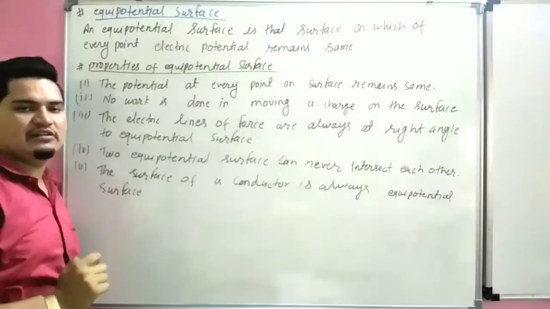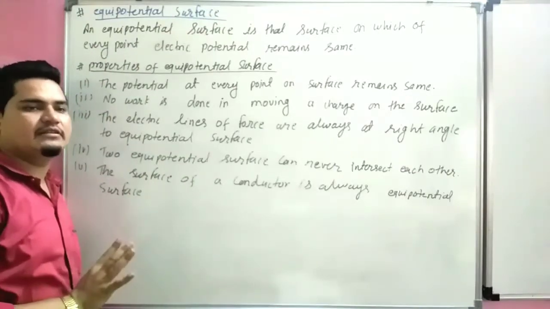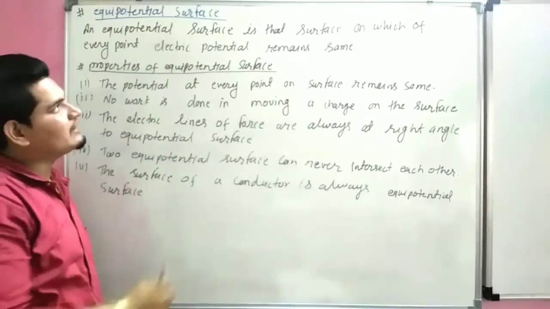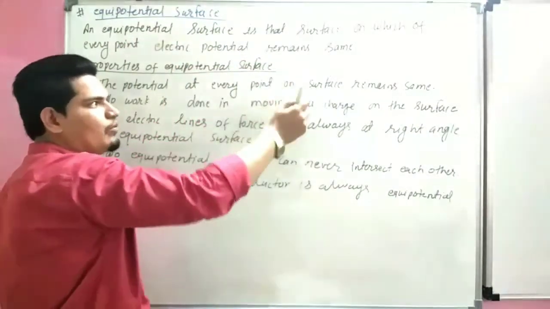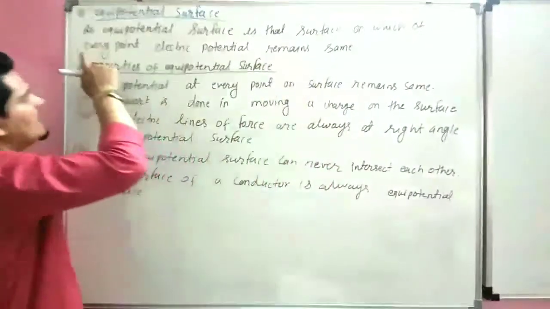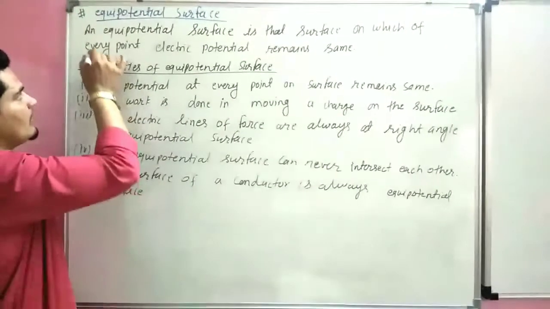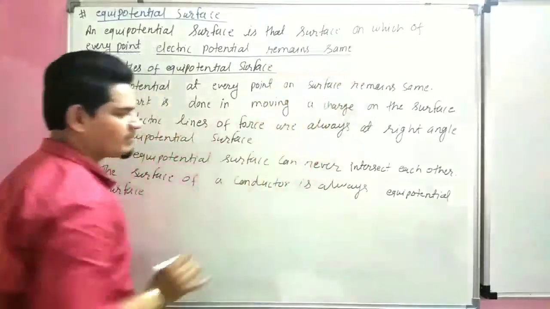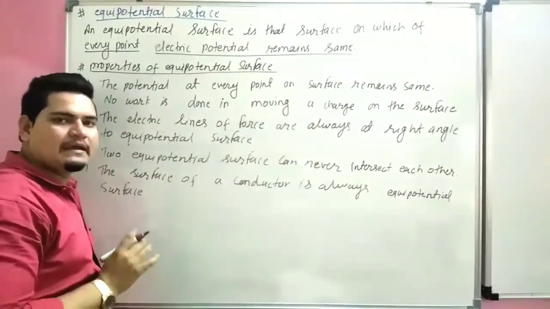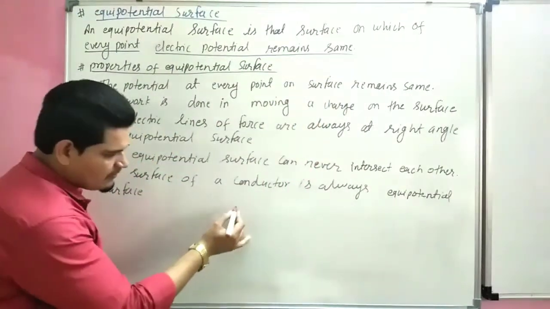An equipotential surface is a surface on which at every point the electric potential remains the same.